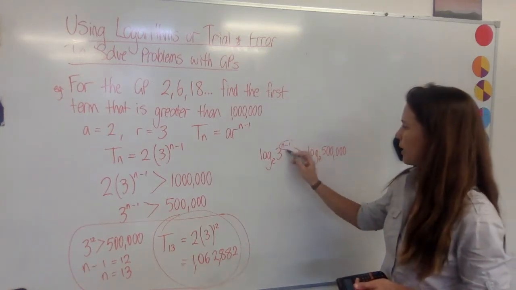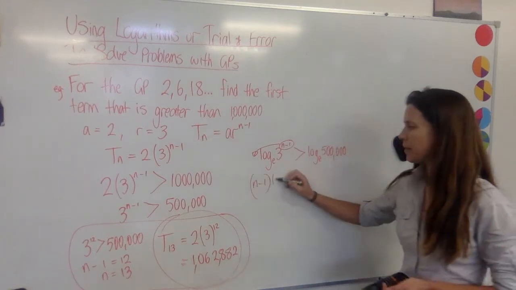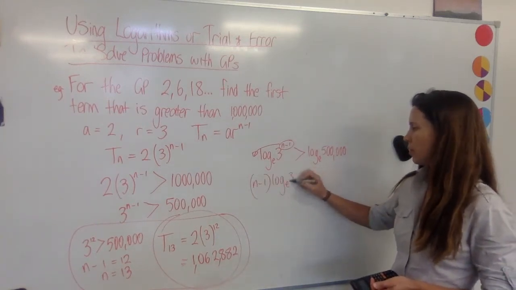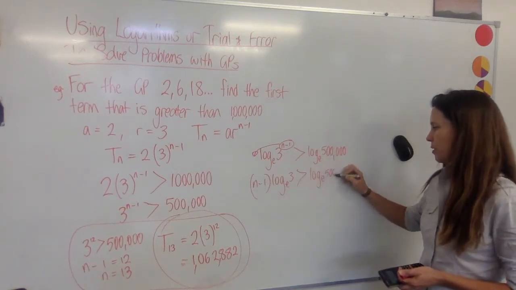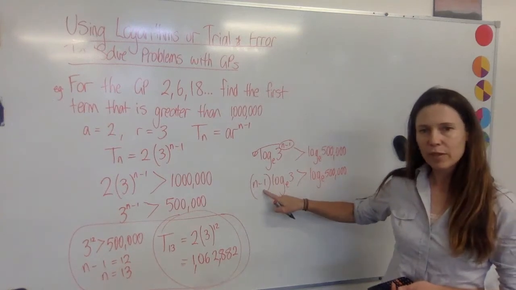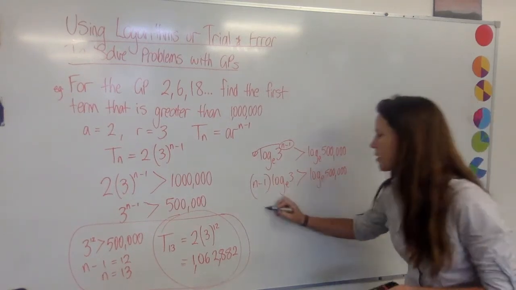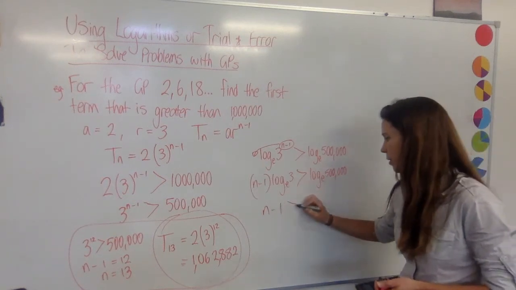Using the power law now, this power comes down the front. So we have n minus 1 times the log with a base E of 3, and on the other side we've still got the same thing. Now to get the n minus 1 by itself, we need to divide both sides by this log 3 with a base of E.